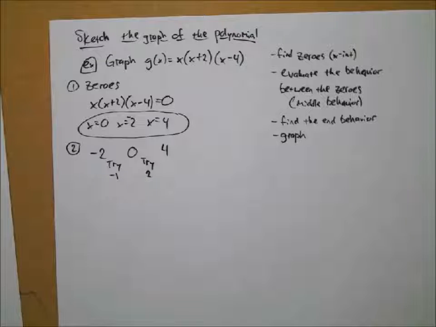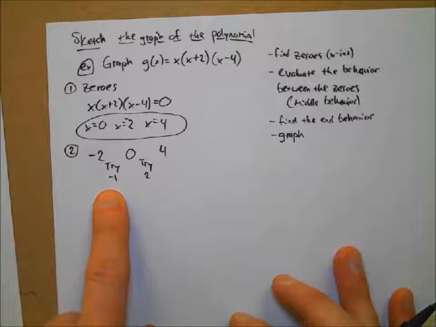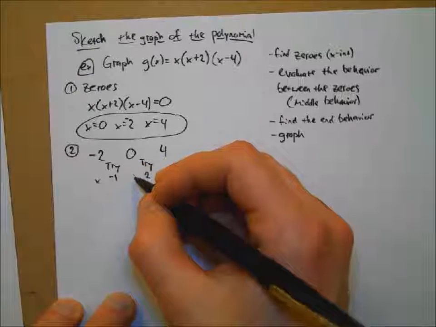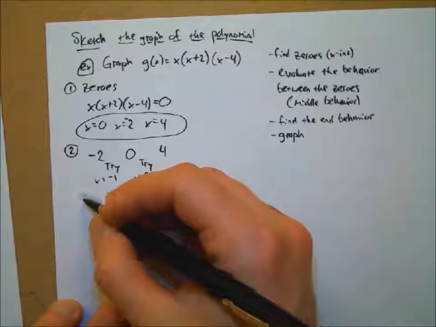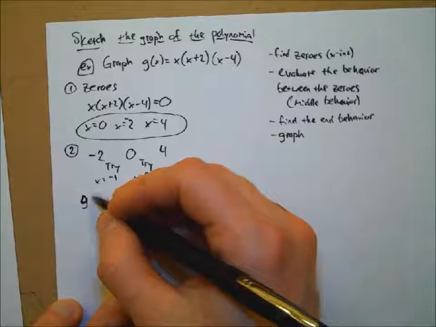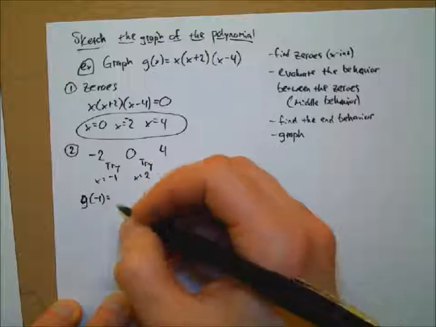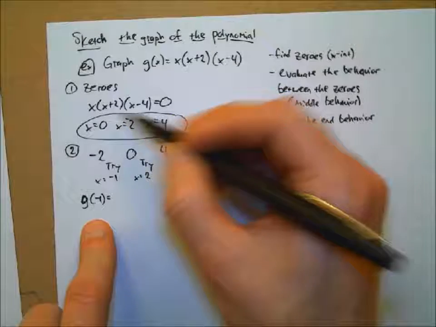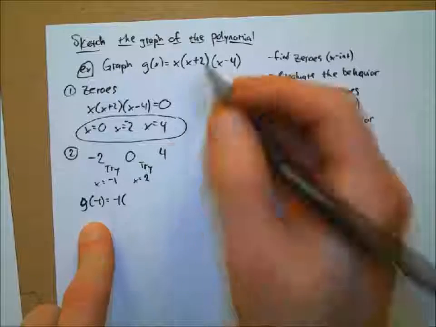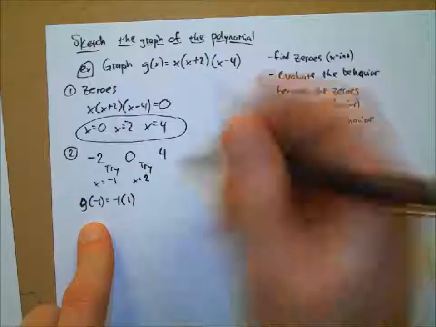Okay? So, of course, we have an x-coordinate. We've got to find the matching y-coordinate, which means we're going to plug these in. So this is g that I described this thing as. G of -1. So we'll plug -1 into our function. So we get -1 times, let's see here, -1 plus 2 is 1. -1 minus 4 is -5.